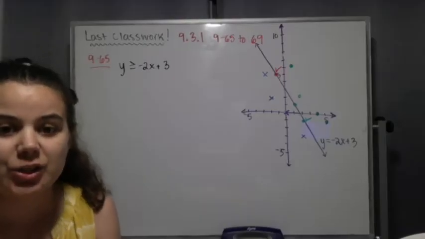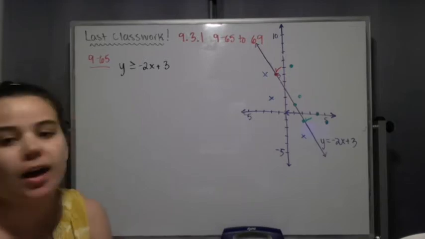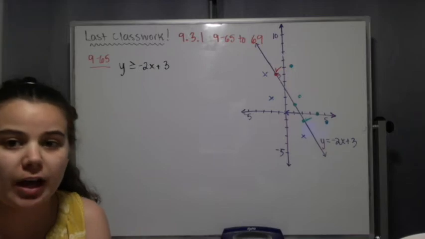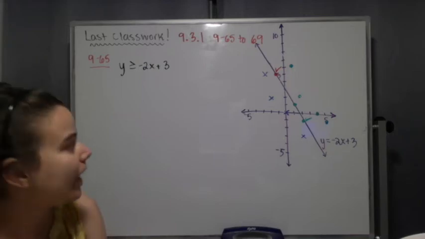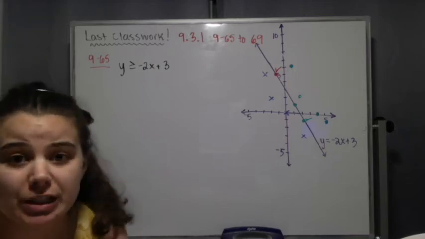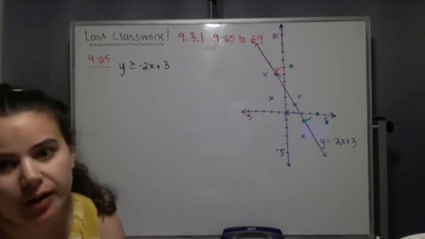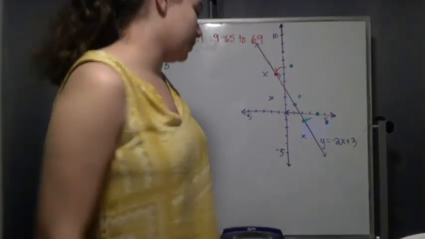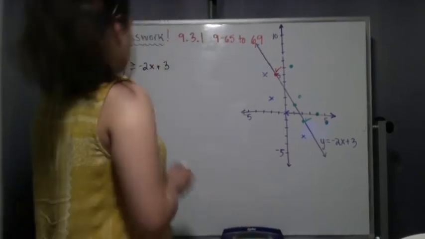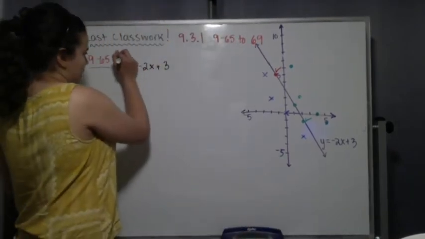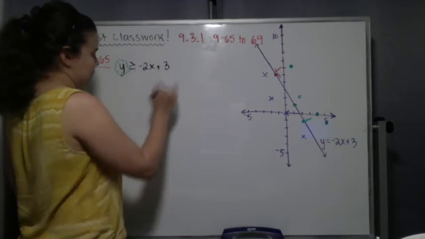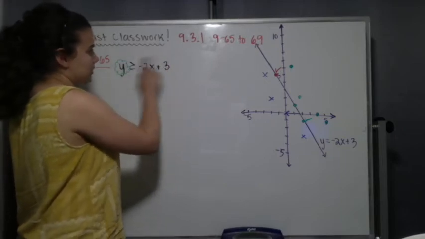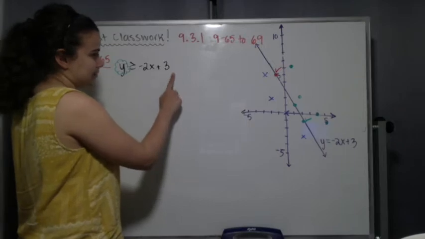All right, so the first question that we wanted to think about was, are there any points that we think are solutions to this inequality, but we didn't plot? And so what I would argue, let's take a look at what our inequality says. It says that the y value, right, so the vertical part, is bigger than or equal to -2x plus 3.